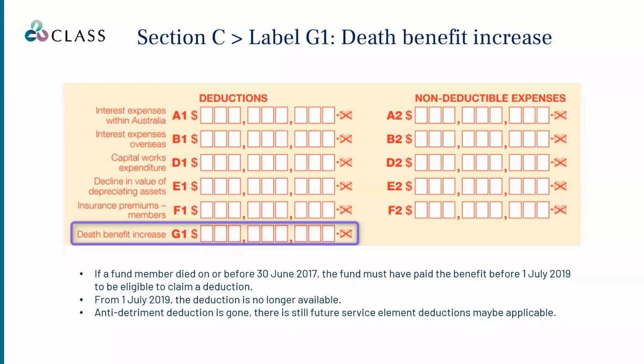This was a change announced in the 2017 budget. Basically, for a member who passed away before 30 June 2017, the benefits needed to be paid prior to 1st July, so they got 2 years' time to make the lump sum payments. But from 1st July 2019 onwards, the deductions are no longer available.